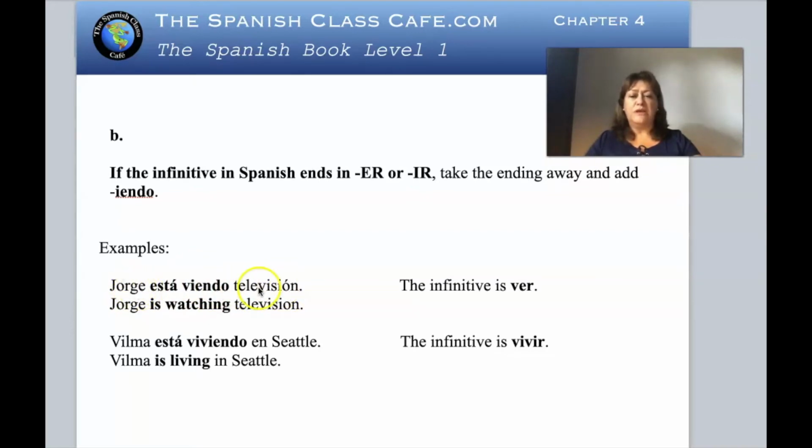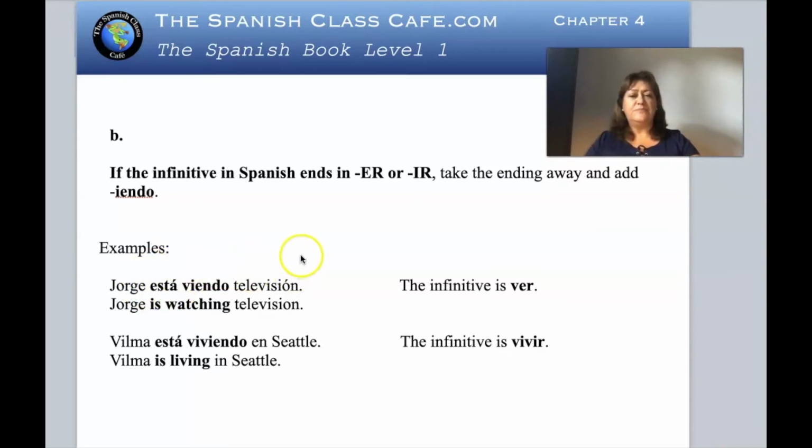If you go with the verb to be in English, you will say, I am watching TV. You are watching TV. He is watching TV. We are watching TV. And they are watching TV. You see how the verb to be changes, but watching TV doesn't change.